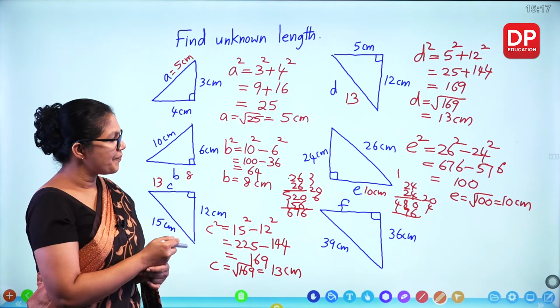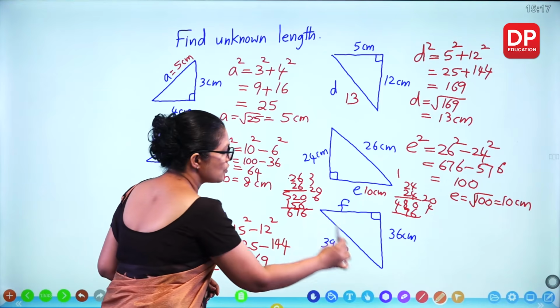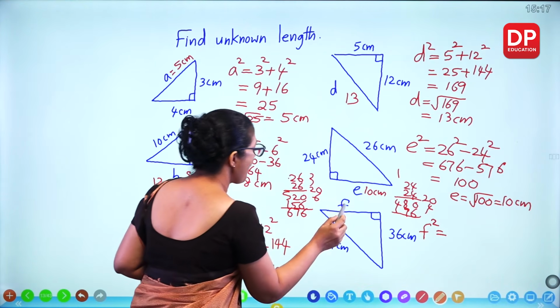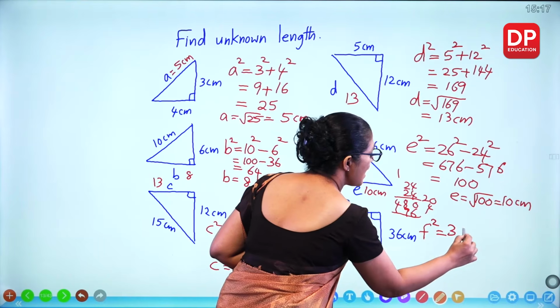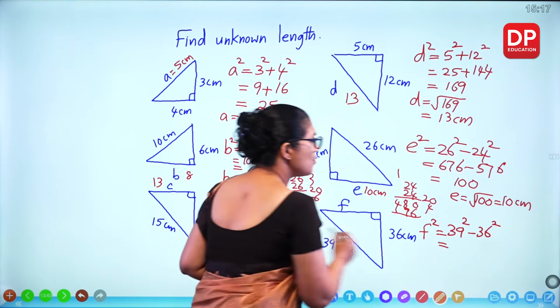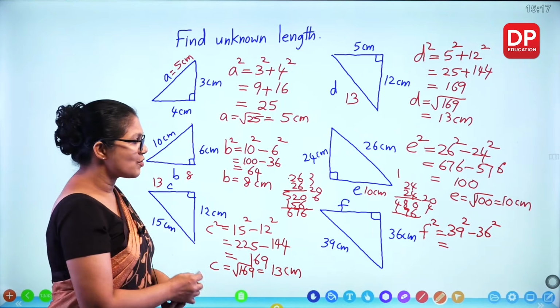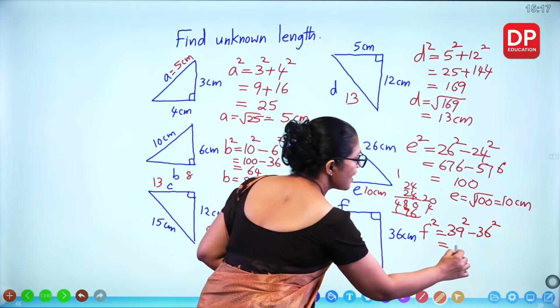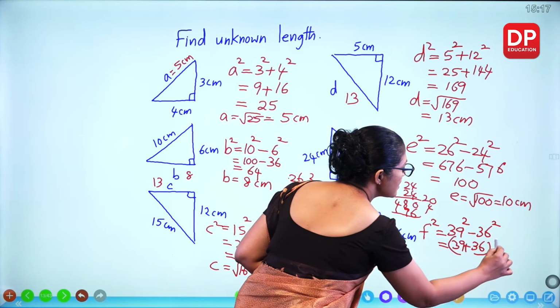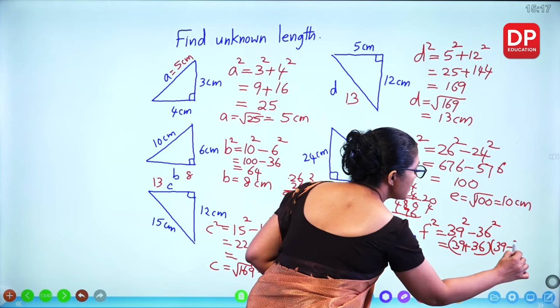And this one, F. So you need F squared is equal to 39 squared minus 36 squared. Here you can use difference between two square terms. I can write 39 plus 36, 39 minus 36.